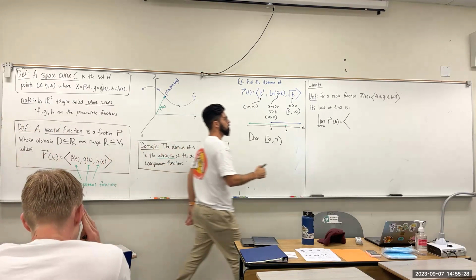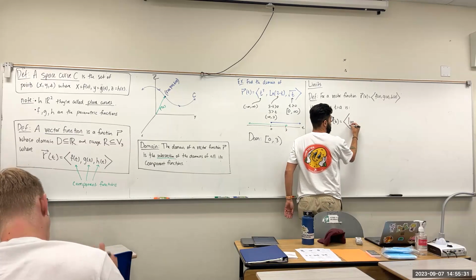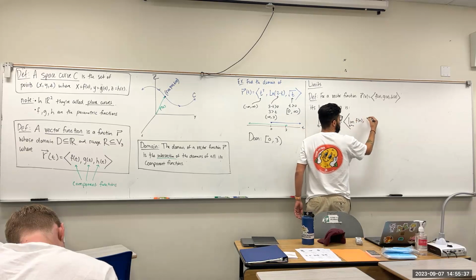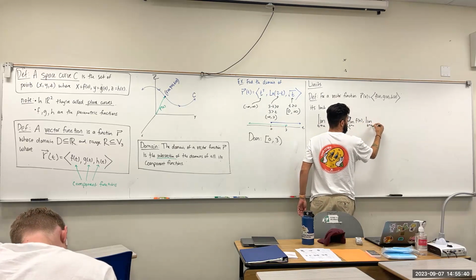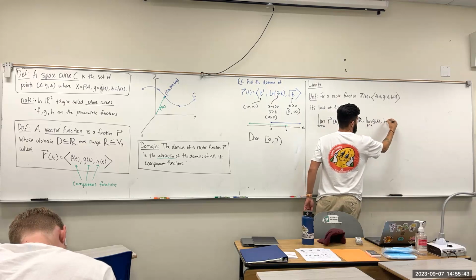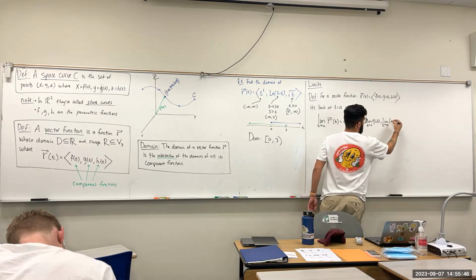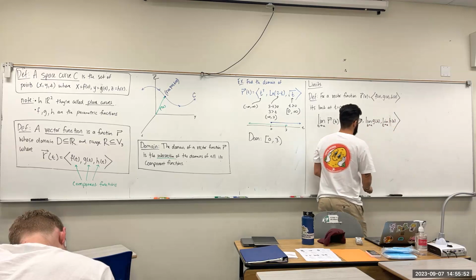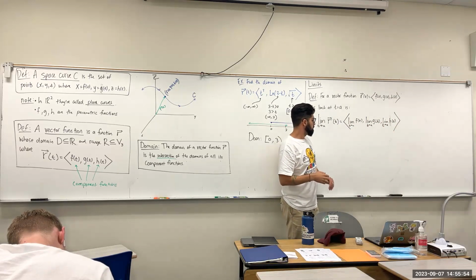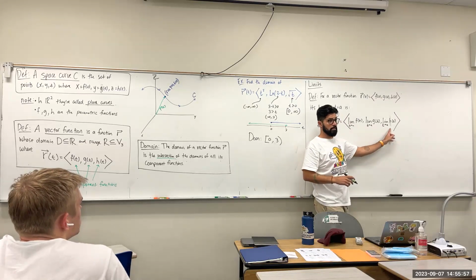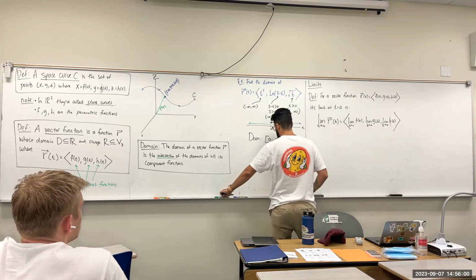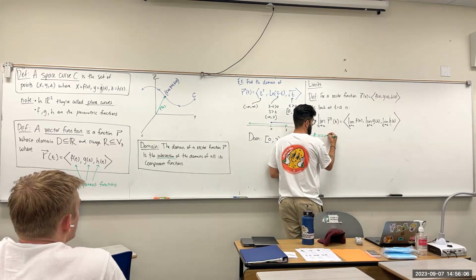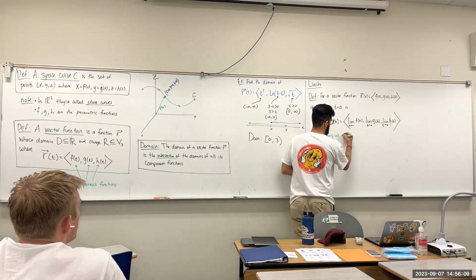So the way it's going to work is you just take the limit of each of those functions, to tell you what x component it's approaching, what y component, and what z component. Assuming all three of these limits exist. That's important. So, assuming all limits exist.